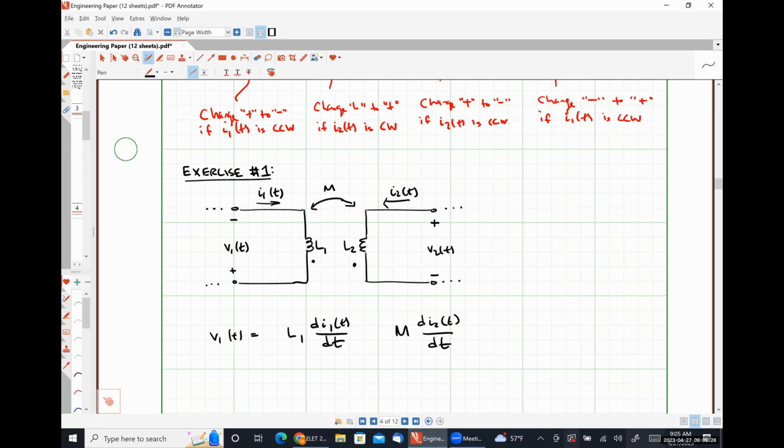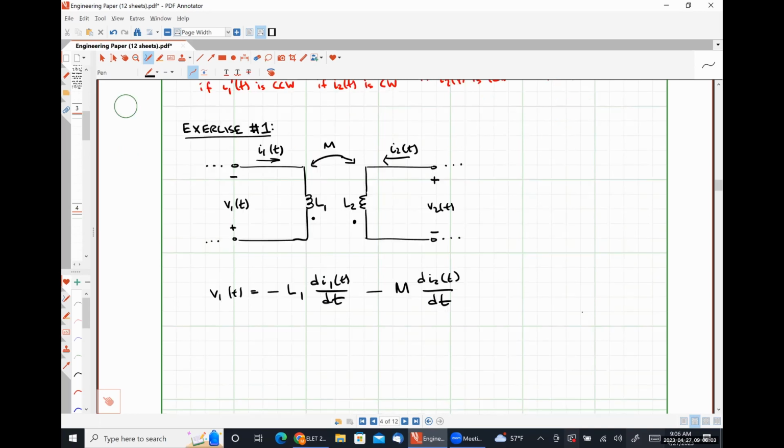Yes, for V1, absolutely, okay? Is the current I1 entering the coil at the dotted terminal? No. So that means we're going to get a negative sign. All right. Is the positive polarity terminal of V1 at the dotted terminal? Yes. Is I2 entering the coil at the dotted terminal? No. So this one's also going to get a negative sign.